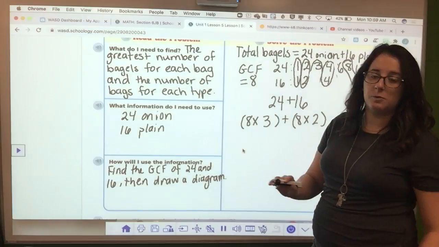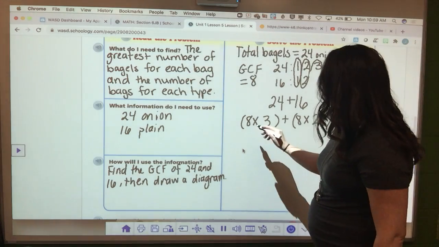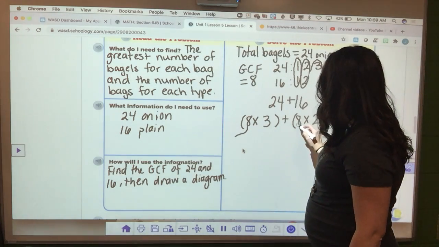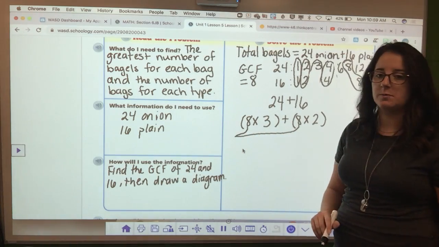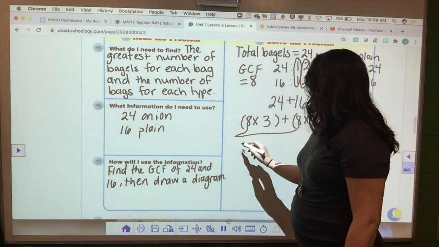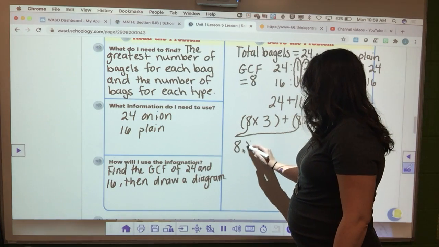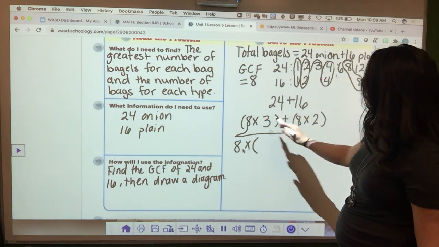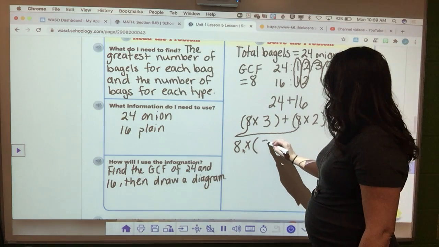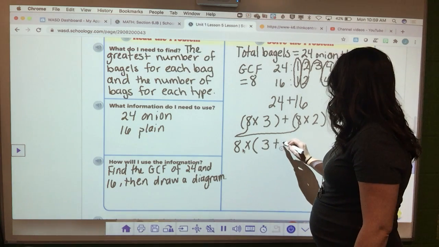Now, the next part is we're taking that distributive property. We are taking the 8's out of those multiplication problems. So 8 is now on the outside, 8 times, and whatever is left in the parentheses, 3 plus 2.